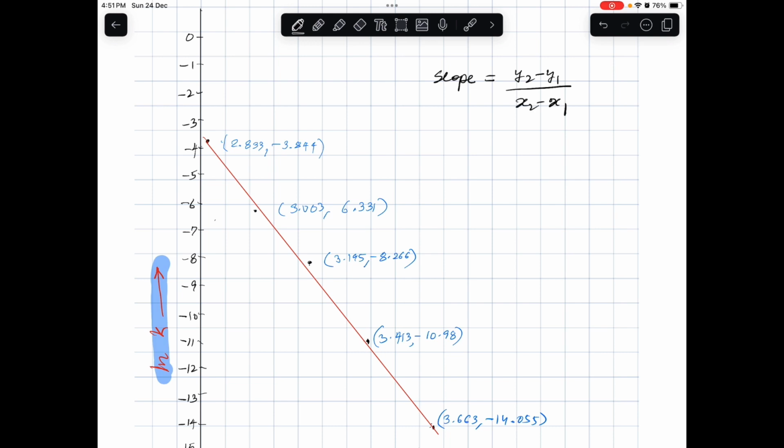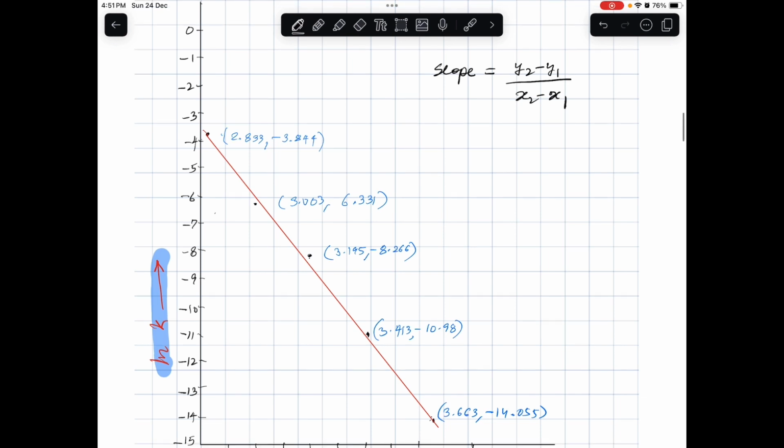In our case we are taking the final value on the y-axis, this value, minus 14.055, so we will write it as minus 14.055 minus the initial value. We can find a slope between any two values. For example, we are plotting the slope in this case like this. So in these two values, the initial value is this one and the final value is suppose this one.